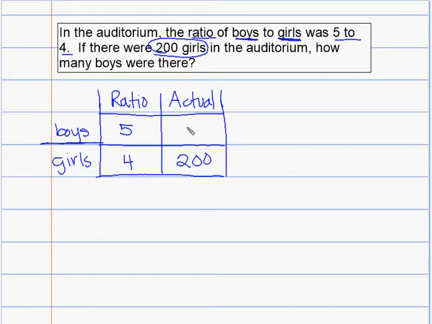How many boys were there? There's your variable. And then we write our proportion. 5 over 4, 5 to 4 has to equal whatever x is to 200.